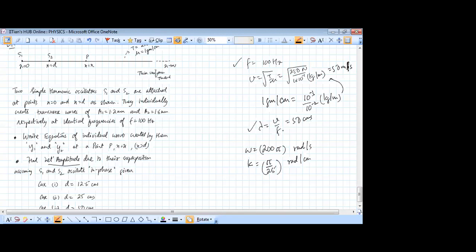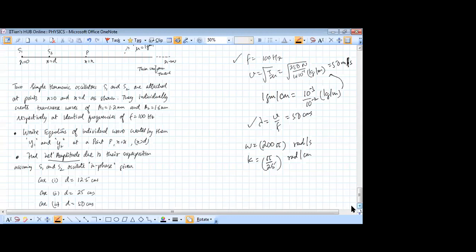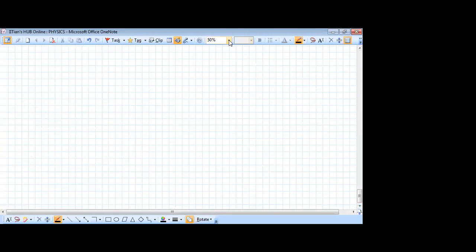Now it comes to writing the equations. So when it comes to writing the equations of the waves, you talk about the individual waves. So suppose I only had source S1, what kind of wave equation would it create? Let's understand this.